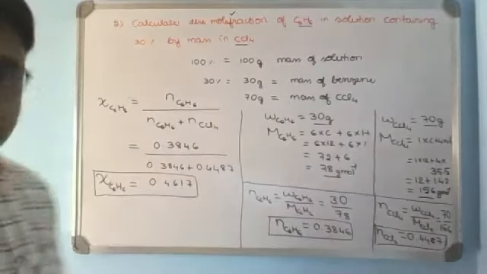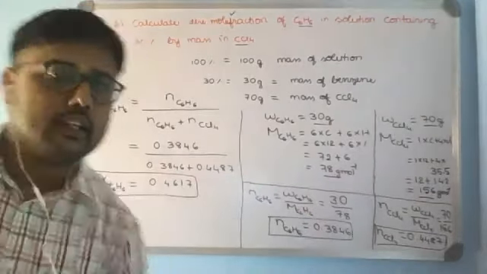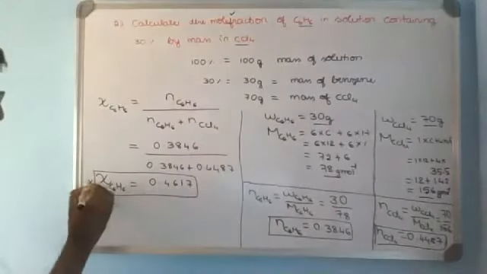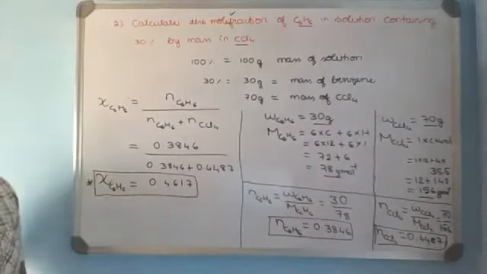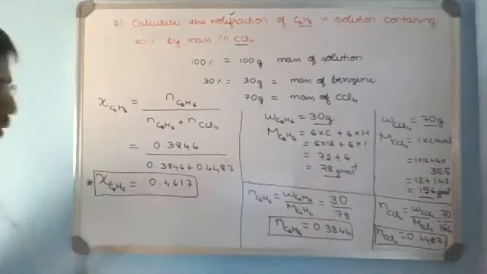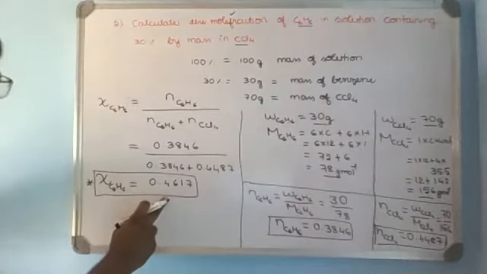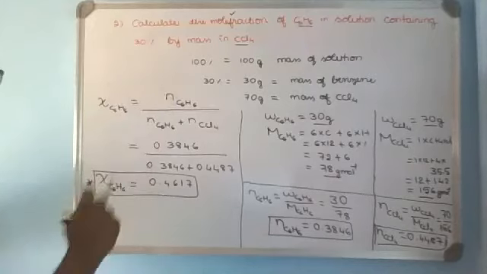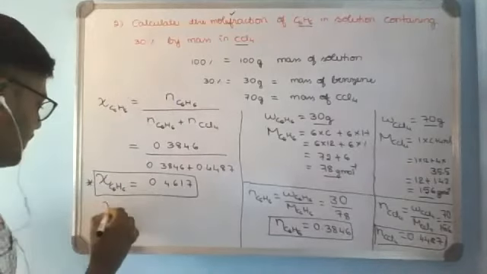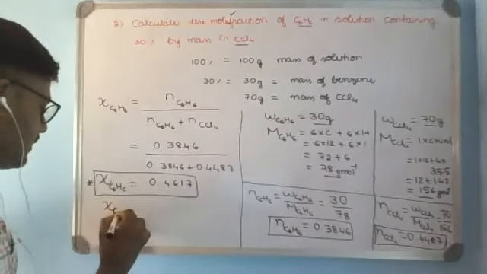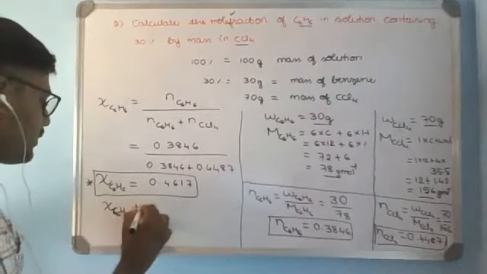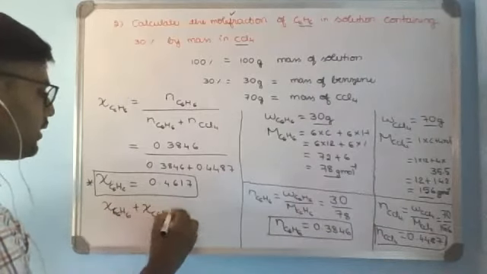So this is what they have asked in the problem to calculate, and our answer is that the mole fraction of benzene in the solution is 0.4617. After knowing the mole fraction of one component, if it is required for the other, we can also extend the problem. We know that the mole fraction of benzene plus the mole fraction of CCl4 will always be equal to 1.